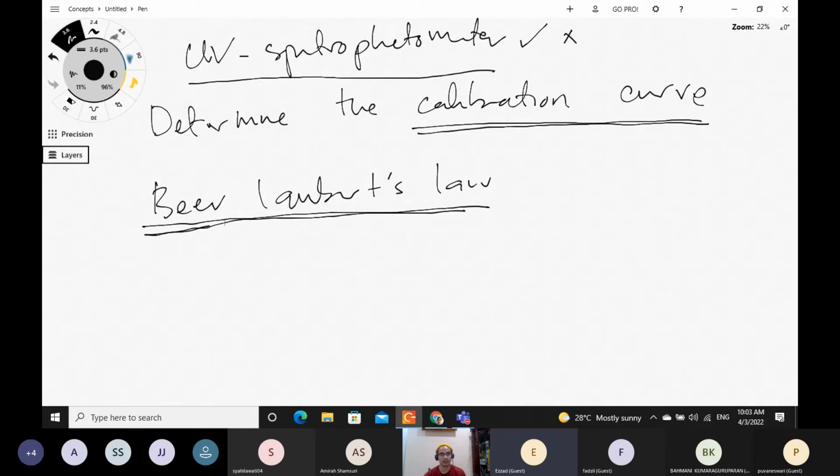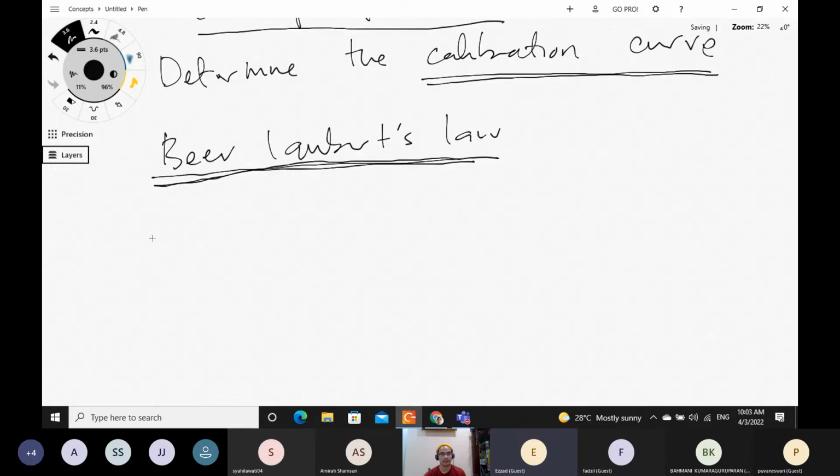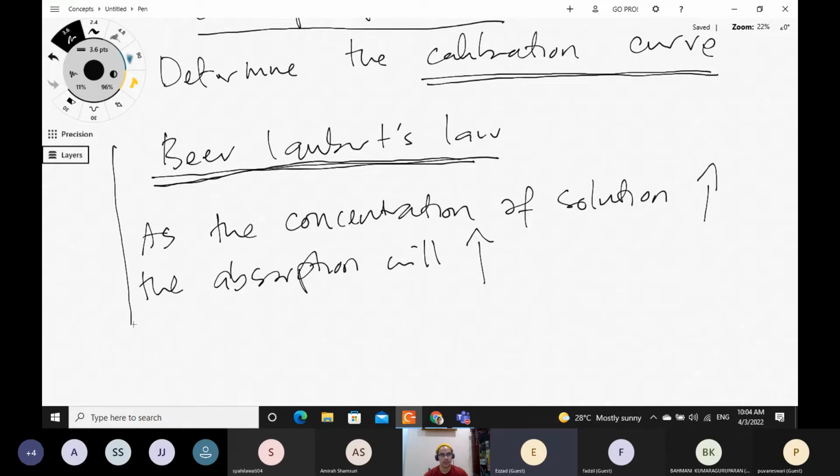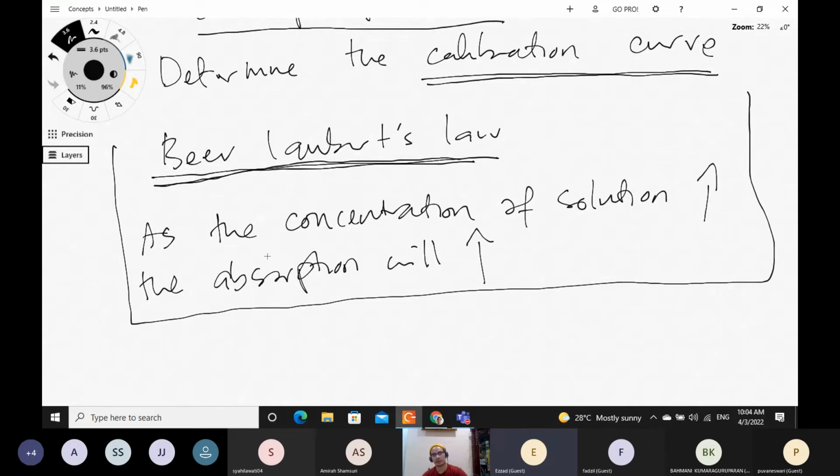So basically what Beer-Lambert's law states, roughly, is that as the concentration of the solution increases, the absorption will also increase. Okay, the higher the concentration of our solution, the higher its ability to absorb light. So this is the law on which our instrument operates.